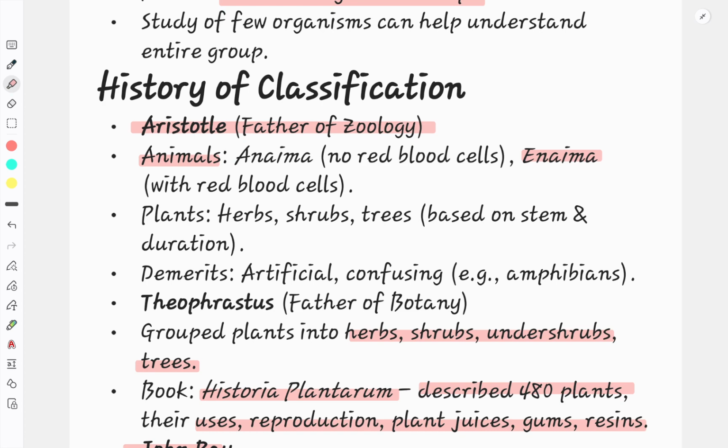Now we come to the history of classification. The first one to classify organisms was the father of zoology, Aristotle. Aristotle divided the animals into two groups: Anaima and Enaima. Anaima are those which do not have red blood, and Enaima are those which have red blood.